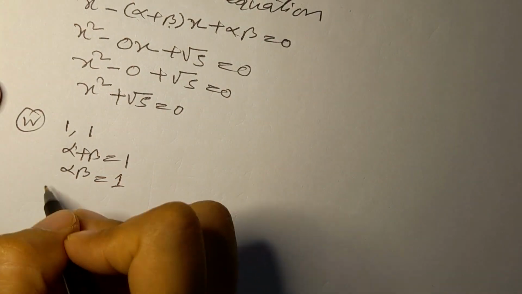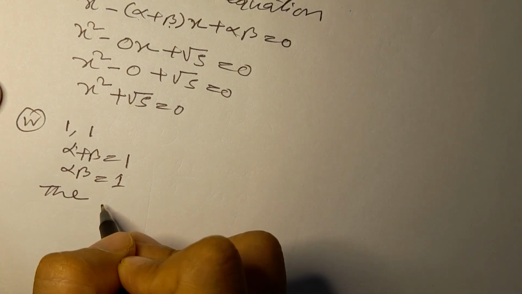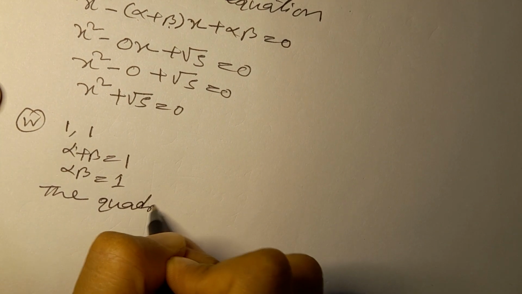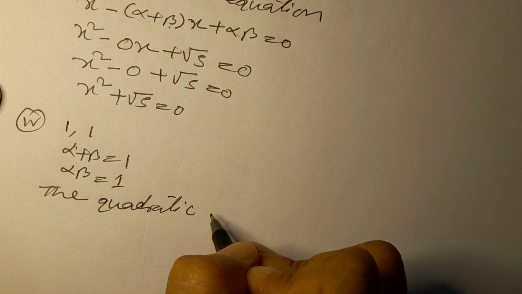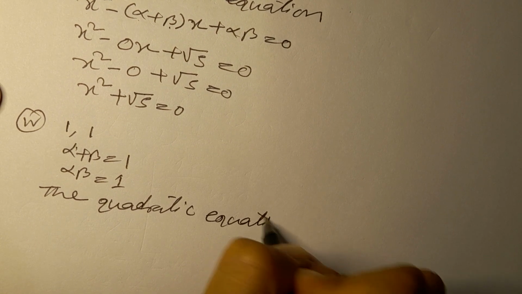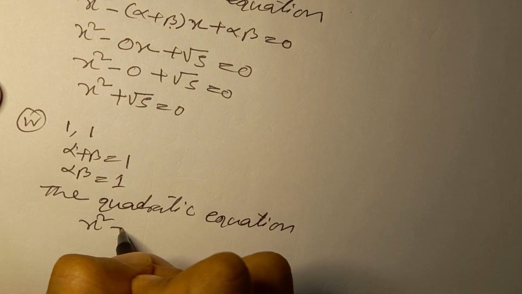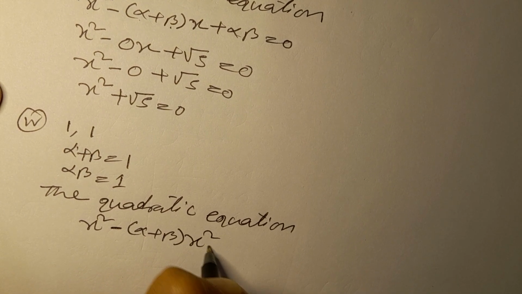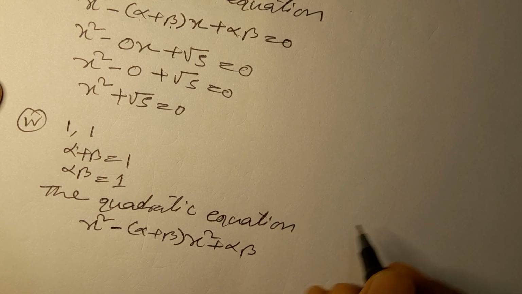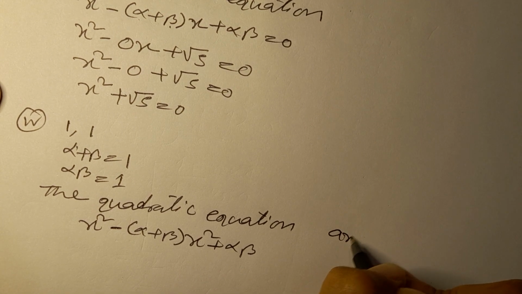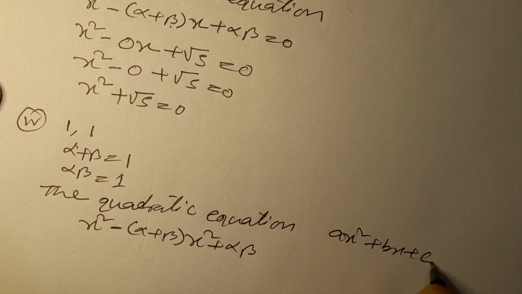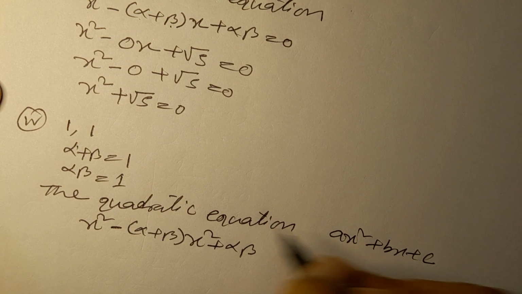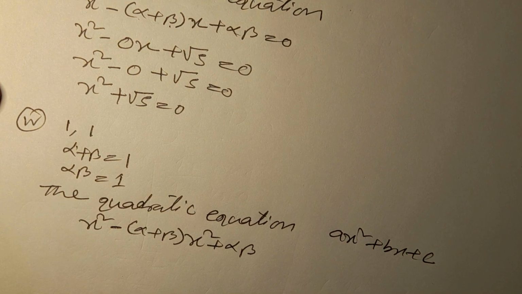Now we know the quadratic equation is x square minus alpha plus beta x plus alpha beta. Be careful with this sign. Don't confuse it with the general quadratic equation, a x square plus b x plus c, where all are plus signs. But when finding the quadratic equation from the given sum and product of zeros, the sign is negative.